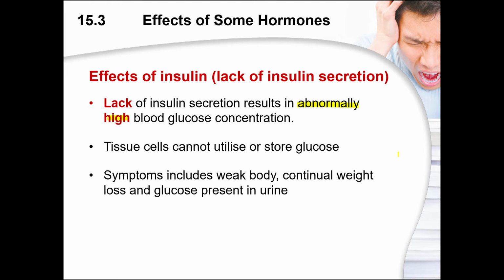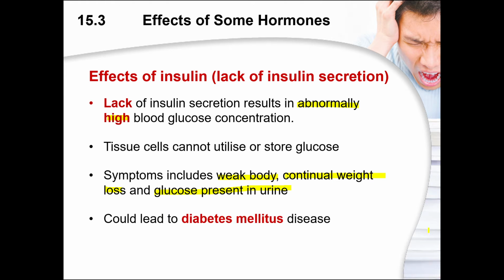Alright, and the symptoms include a weak body, continual weight loss because their body cannot take in glucose, and so the glucose just basically gets lost in the urine. So this is when you take a urine test, you can find glucose in your urine, and that's an indication of a problem, that your body is not able to utilize the glucose that you consume.